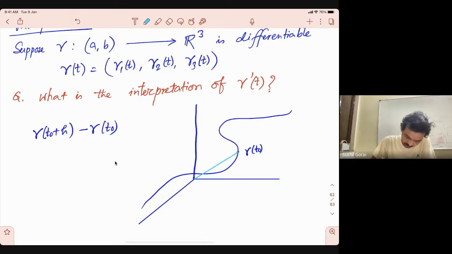This vector is gamma t naught, and this is gamma t naught plus h. What we want is the difference between these two.